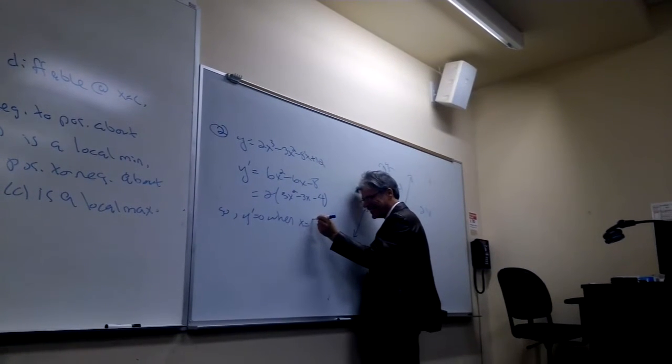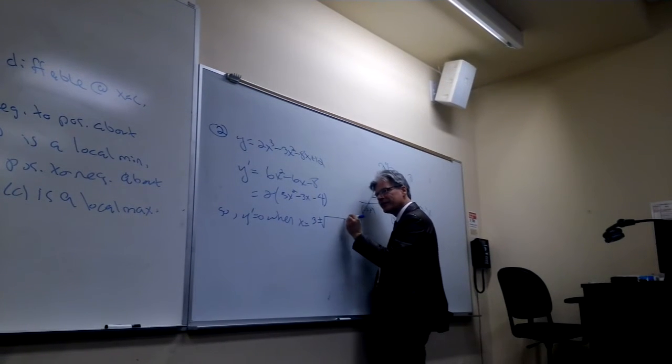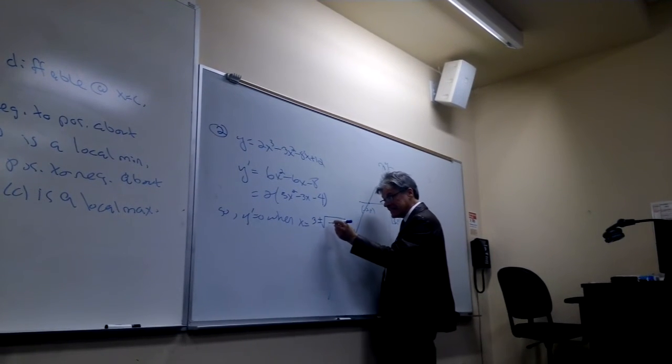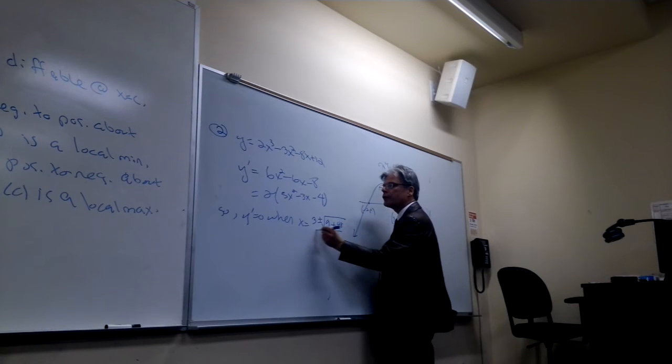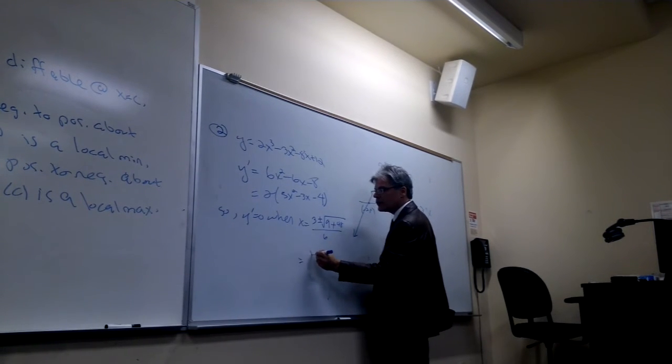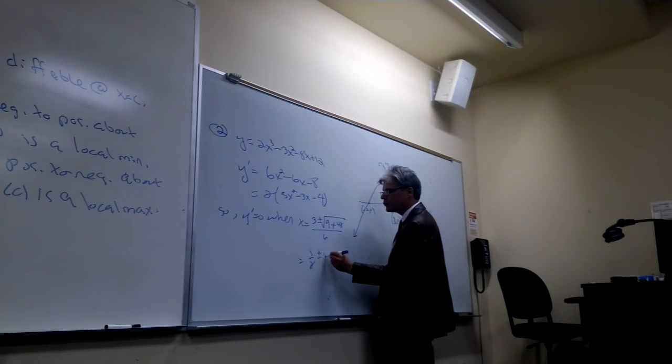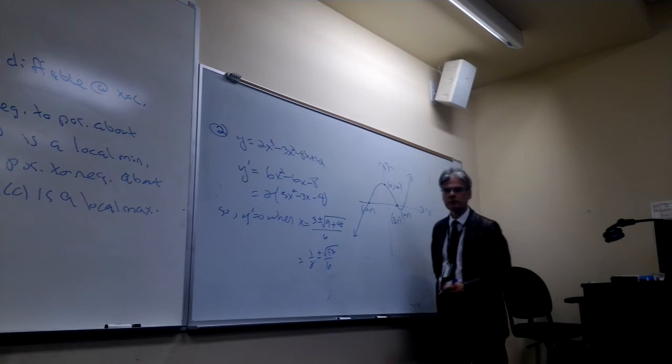Negative b, plus or minus the square root of b squared minus 4ac, that would be 48, all over 2a. Or shall I say x is equal to 1/2 plus or minus root 57 over 6? What happened to your 2?